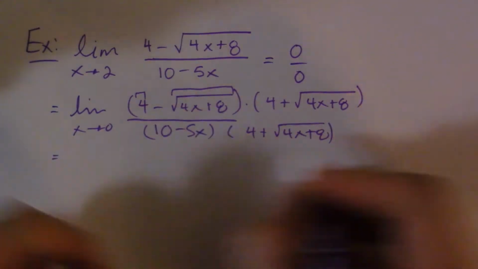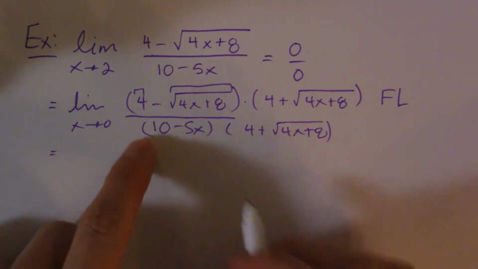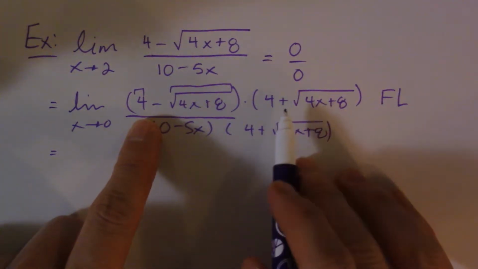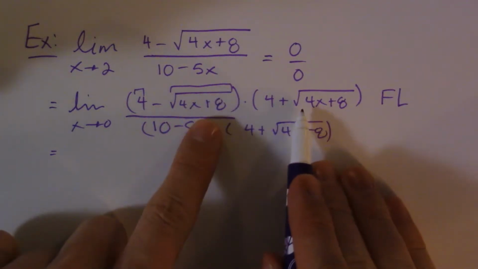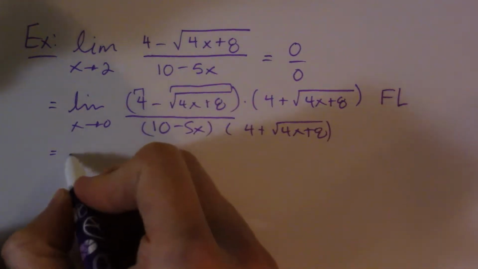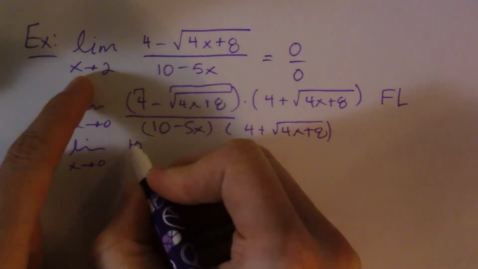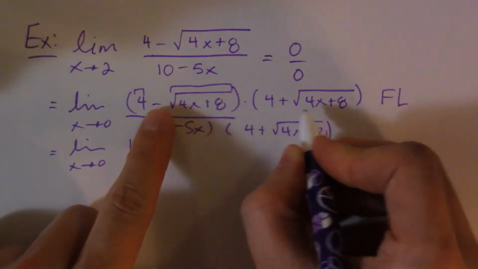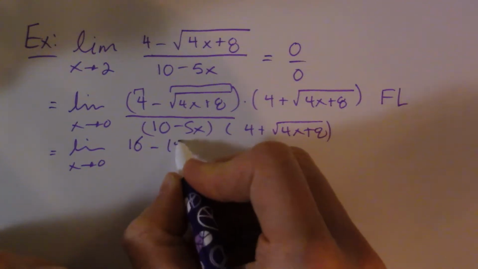This looks kind of messy, but actually it's going to work out fairly nice. The thing about the conjugate, and I mentioned this in my other videos, is you only have to worry about first and last. This technically is two binomials, so it would be FOIL under normal circumstances. But where it's the conjugate, all I have to worry about is first and last. So 4 times 4 is 16, and when we multiply two roots that are exactly the same, the only difference being a minus, you just get what's underneath the root sign.